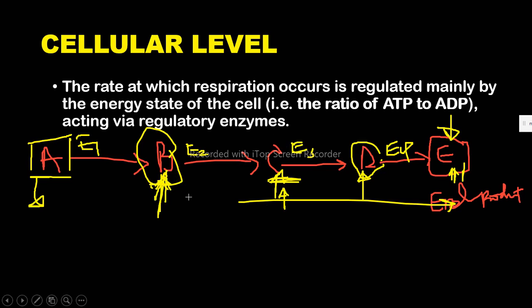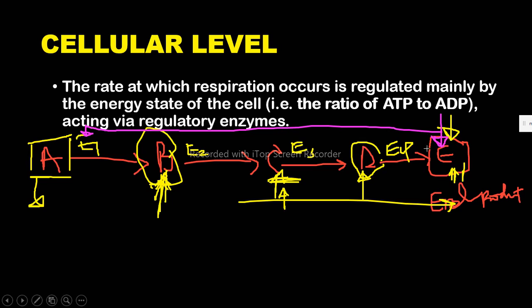Now with negative feedback mechanism, or with negative feedback, the product that is formed, okay? This is our product that is formed. It can inhibit this enzyme E1 that controls the very first step. Okay? Let me repeat.